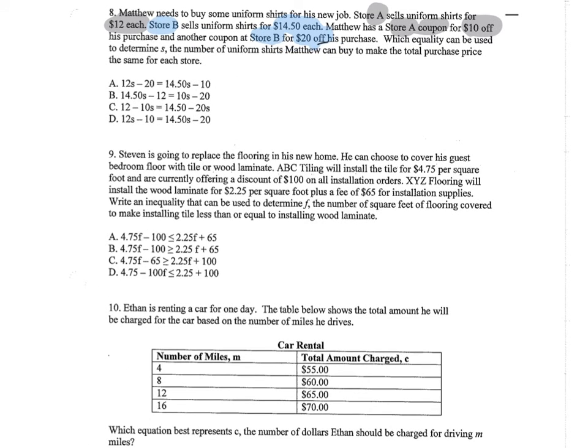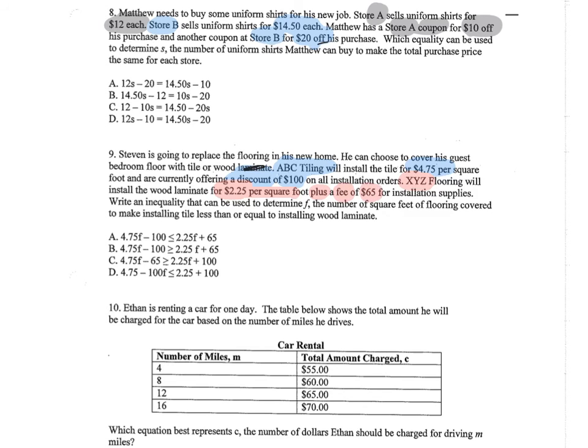Kind of the same thing on number 9. ABC Tiling will install tile for $4.75 per square foot. There's your variable. And they're offering a discount. Discount is the same as a coupon. That means we're going to be subtracting. And then you've got XYZ Flooring. That'll do wood for $2.25 per square foot plus a fee.